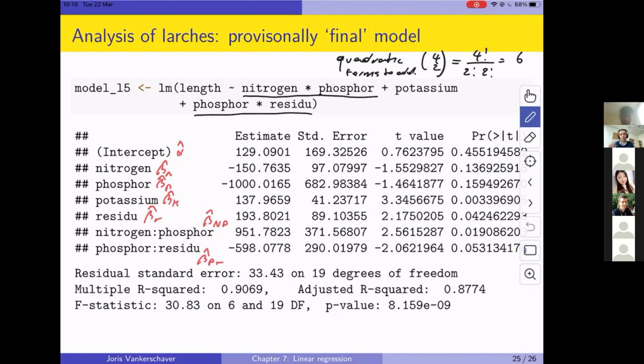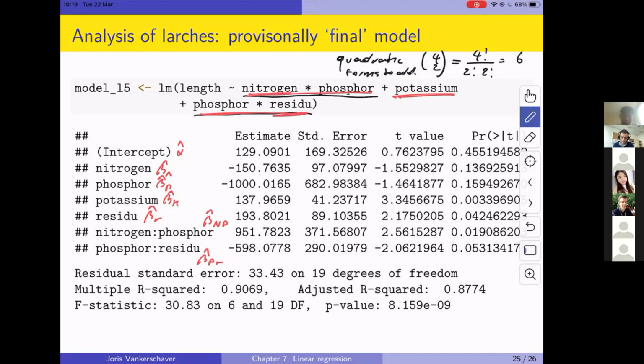And so if you do this procedure that I just described on those 4 predictors, and you include one at a time and look at which ones are significant to include them or not, then eventually you will end up with the model that's shown on the slide, where you have potassium as an individual linear term, and then you have 2 interaction terms, nitrogen times phosphor and phosphor times residual ash.